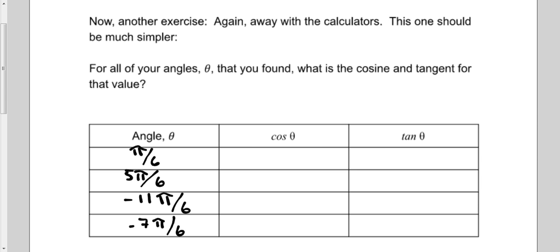Okay, now, let's stick with the easy one. What is the cosine of pi over 6?